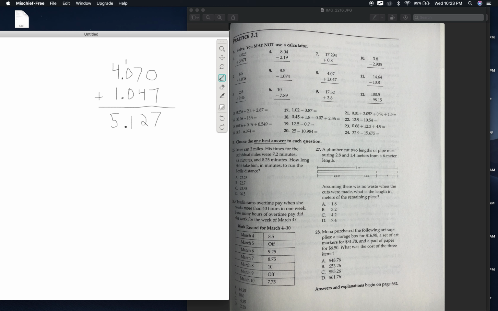This is your answer, isn't it great? We're keeping the decimal in line with these same place values. You can see 1, 2, 3, 1, 2, 3, 1, 2, 3. Okay, let's see. We shall do number 11.